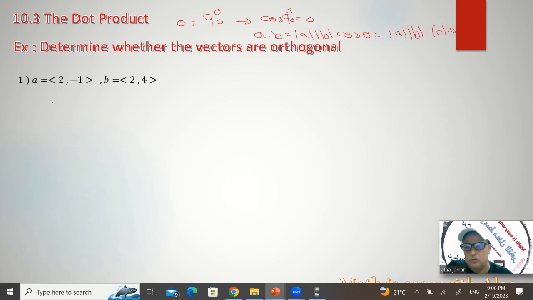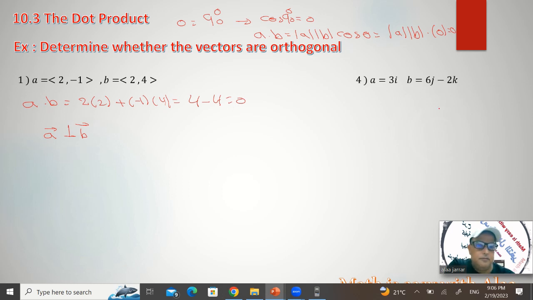So if the dot product here is 0, then they are orthogonal. A dot B equals 2 times 2 plus negative 1 times 4. It will be 4 minus 4 equals 0. So the vector A and the vector B are perpendicular or orthogonal.